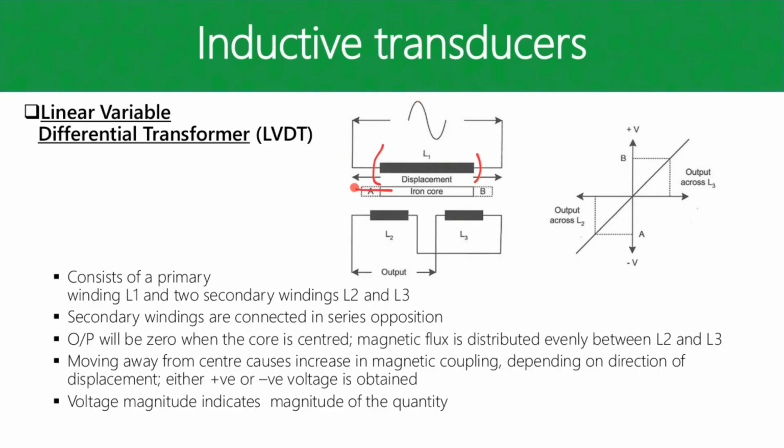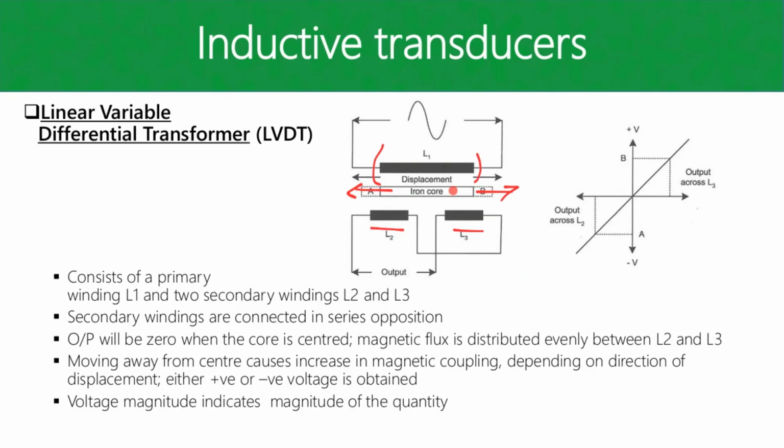And you have an iron core that can displace in one or two directions. Your output is then generated by two secondary coils. Also take note that the secondary windings are counterpolar to one another, connected in series, right?